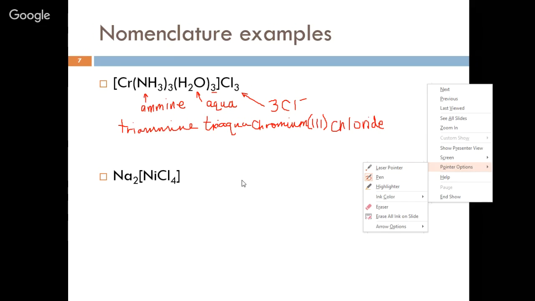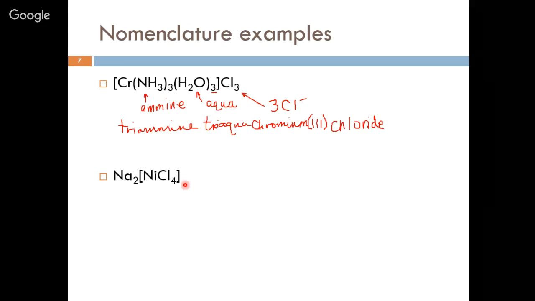All right, so let's name this one, but not try to write it down like that. Remember, this one has sodium as the counter ion, so that's positively charged, and the complex ion must then be negatively charged. So we would call this sodium, and then we name the complex ion, because remember, we always name the positively charged or cation first.